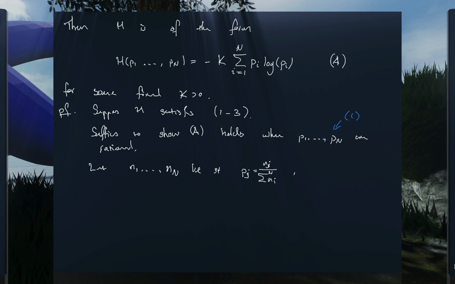Okay, so cool. I'm going to make a claim and then I'm going to justify it. So claim: by our assumption number 3, we have that H of P1 through Pn is equal to minus K. Oh no, sorry, I'm restating the theorem. This is not an expression of this.